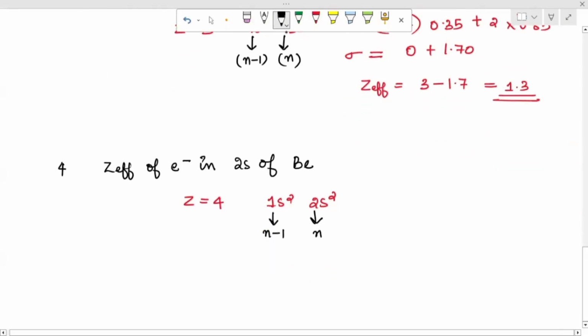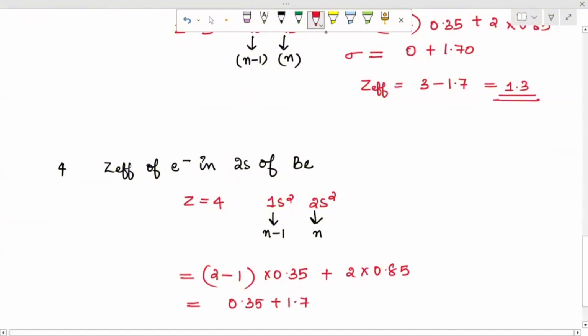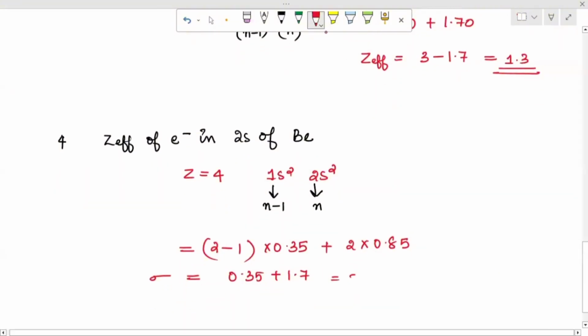So (number of electrons in n minus 1) into 0.35, plus n minus 1 has 2 electrons into 0.85, plus there are no rest of the electrons. So 0.35 plus 1.7 is your screening constant. This is 2.05.